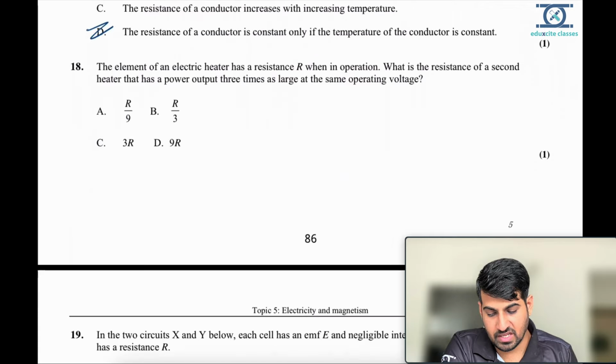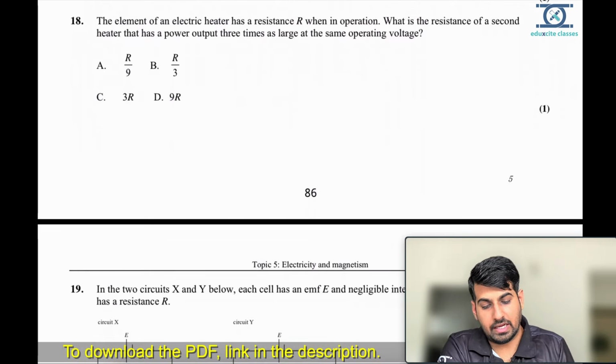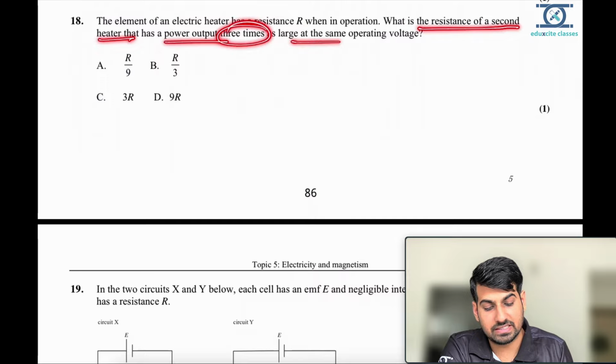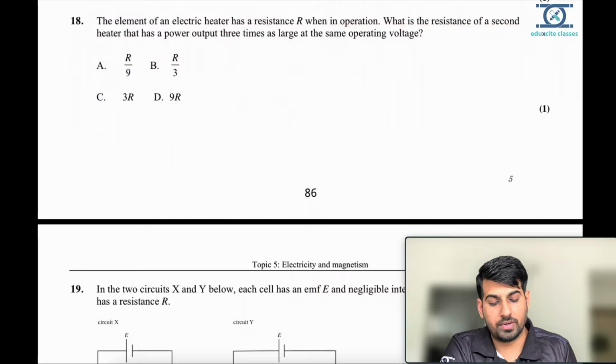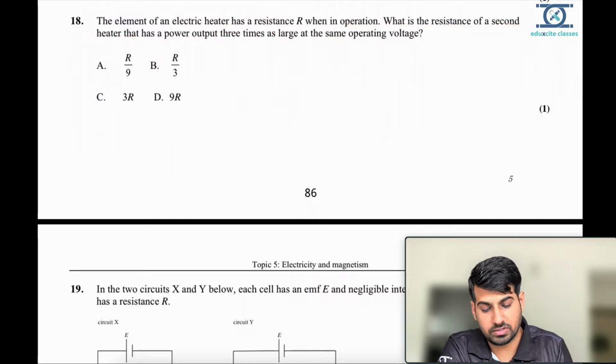Direct question. Question number 18. An element of an electric heater has a resistance R when in operation. What is the resistance of the second heater that has a power output 3 times as large at the same operating voltage? Now if this is having a power output, let us say this is R1, this is power P1.